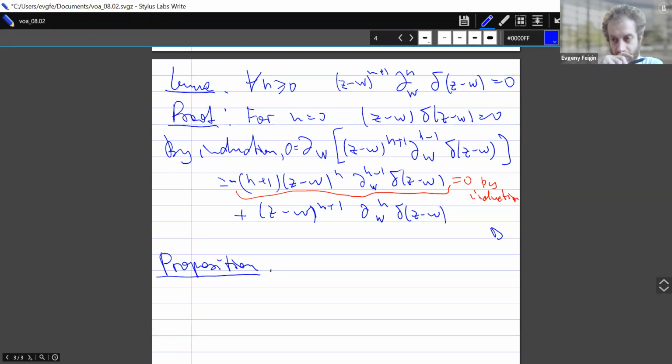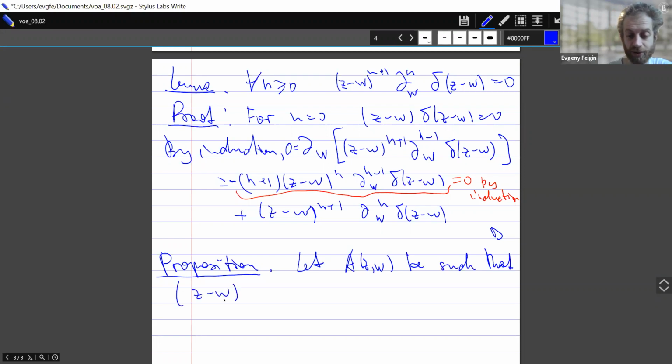So let A of z,w be some series such that if I multiply by (z minus w) to some power n, then we get 0, and this A(z,w) is just the sum, say a_ij z to the i w to the j, like this.